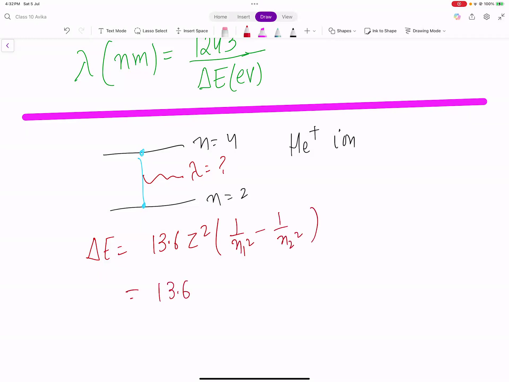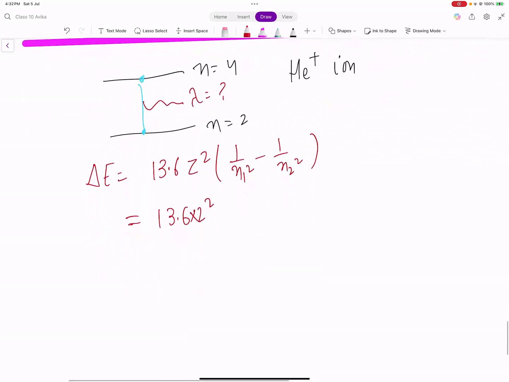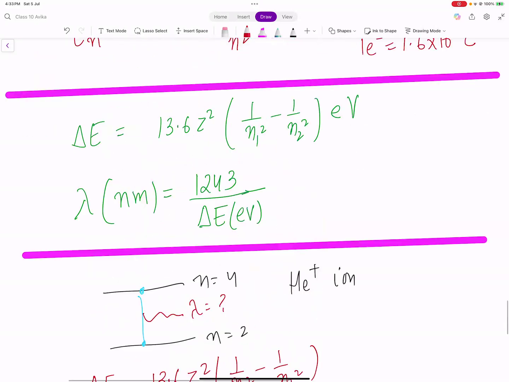So 13.6, 2 square, and what is the lower level? 1 by 2 square minus 1 by 4 square. If I multiply this, 4, this will be 16, 1 by 4, 3 by 4. So how much we got?